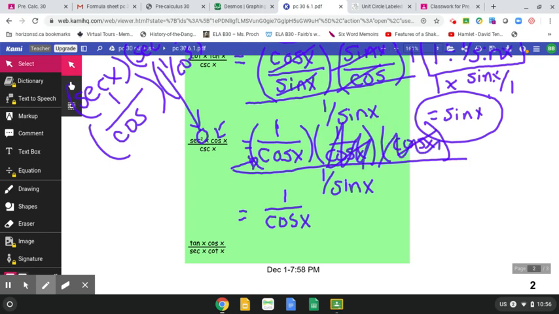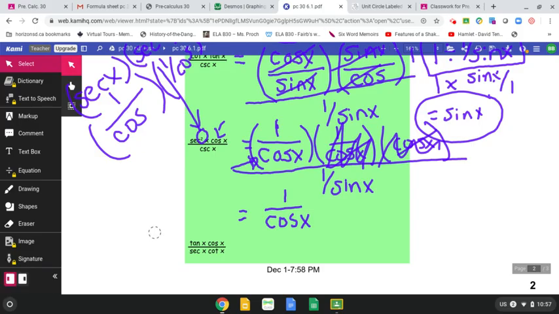Now 1 over cos x is divided by 1 over sine x. Dividing is the same thing as what? Multiplying by the reciprocal. So I'm going to change this to not say division, but to multiply.